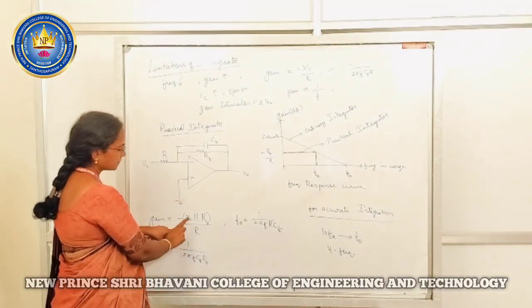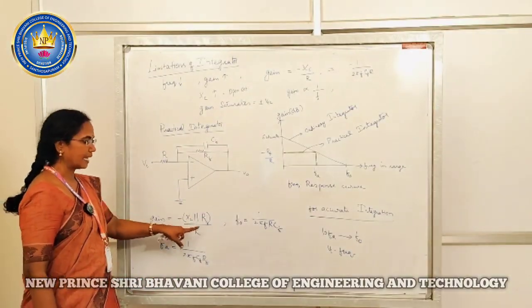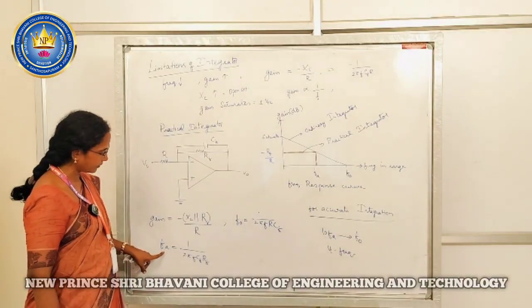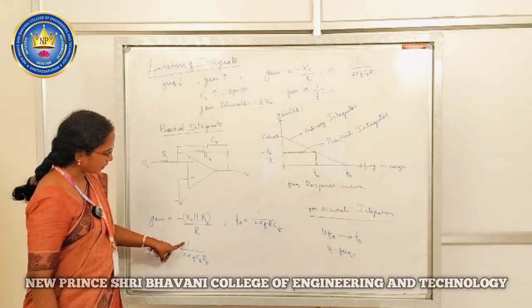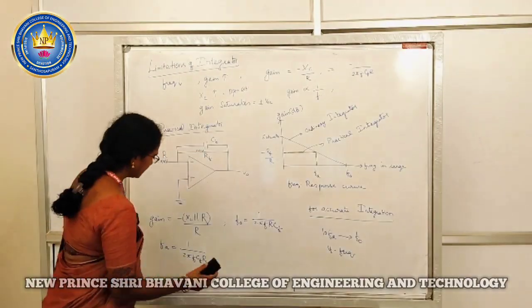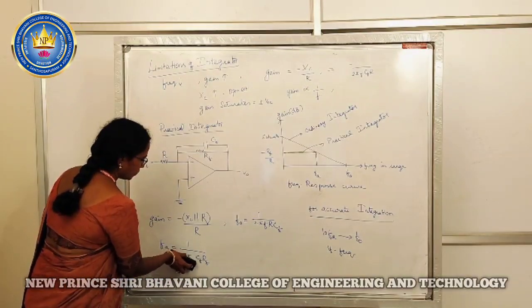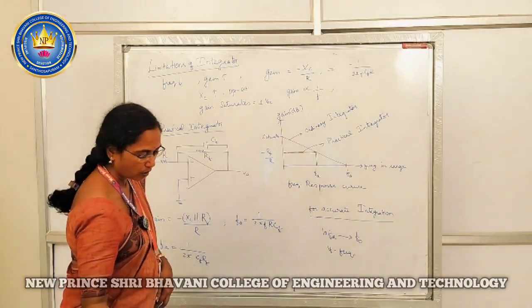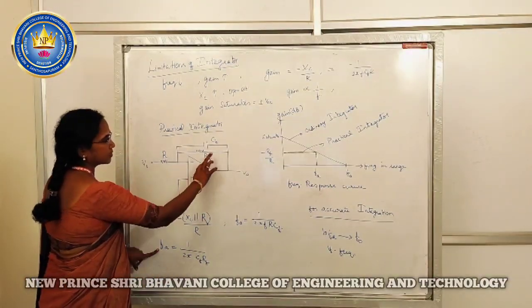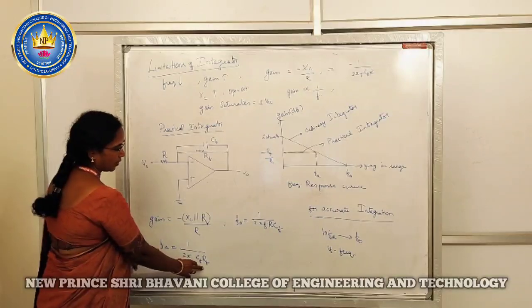From this calculation, you will have one particular frequency called Fa, which will be equal to 1 by 2 pi Cf into Rf. So this Fa is decided by these two components, Cf and Rf.